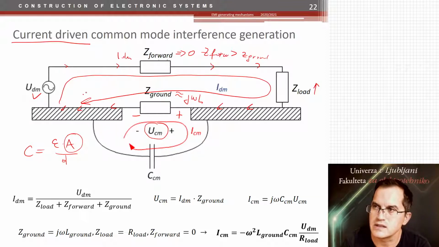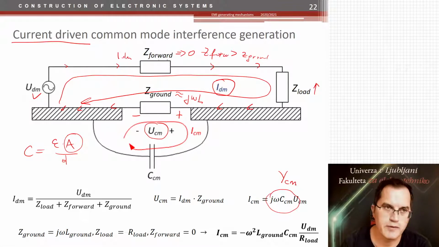So the differential mode current equals the voltage divided by the sum of all impedances. Then the voltage here is the current times Z ground, and the common mode current here is equal to the voltage times the admittance of the capacitance, ω C_m.